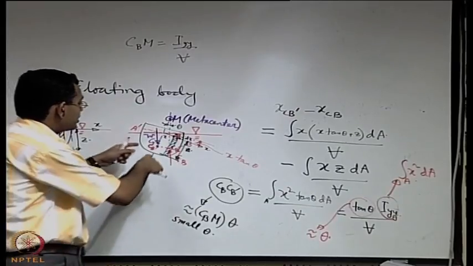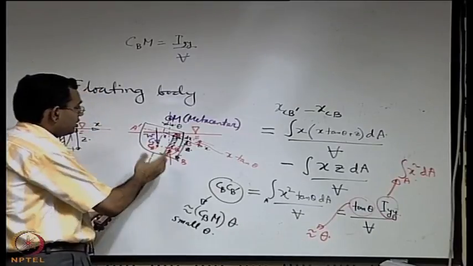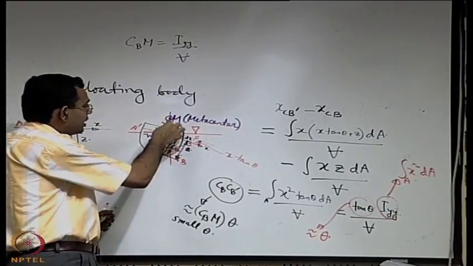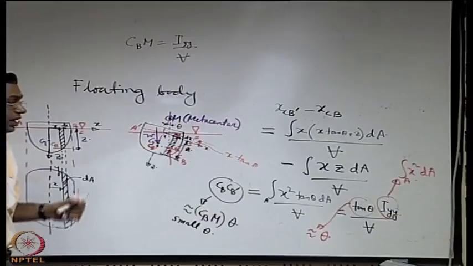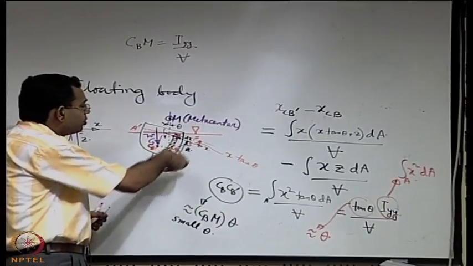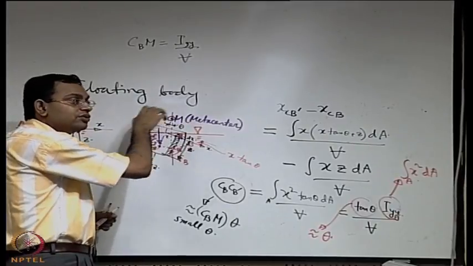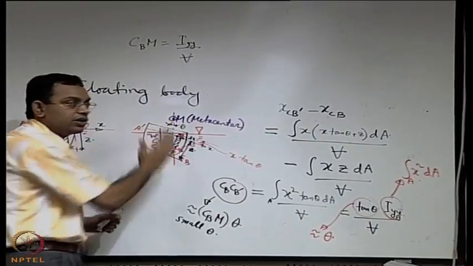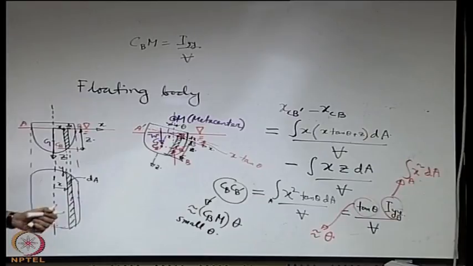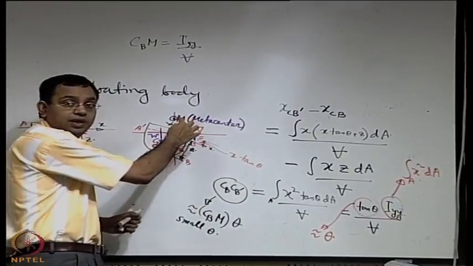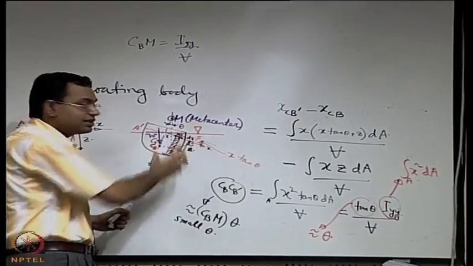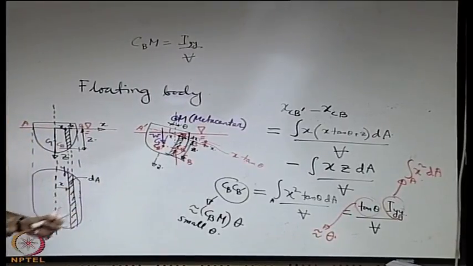Now look into this figure. In this figure you see that M is above G. When M is above G, the couple moment created by the forces is trying to restore the body to its original configuration. However, if G was above M, it would have been just the opposite case, that you can clearly visualize.